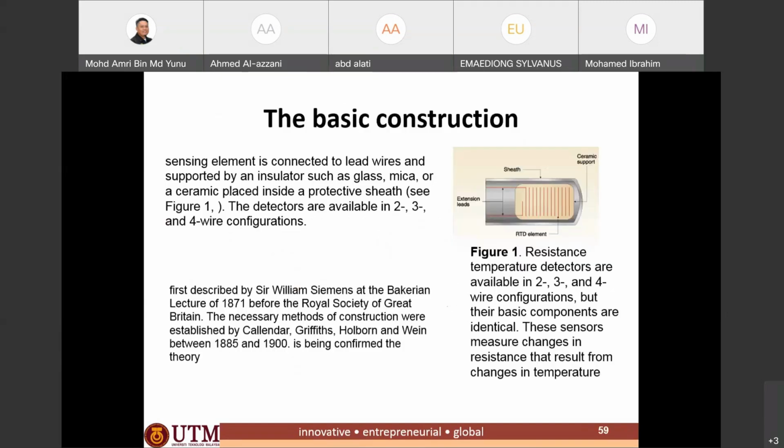So the basic construction can be seen here, the cross section of the RTD.